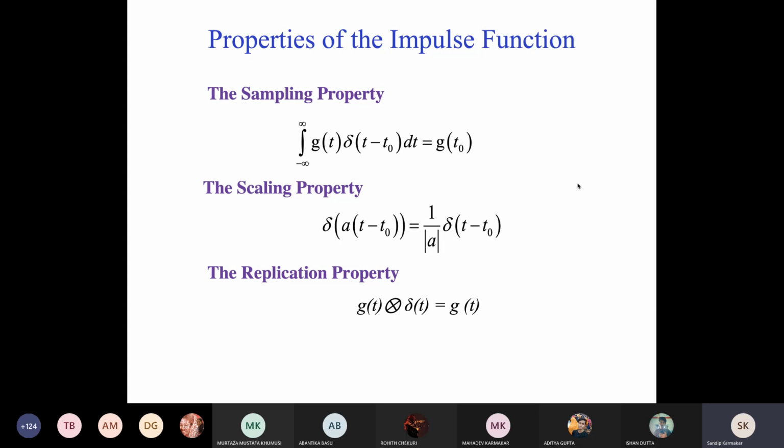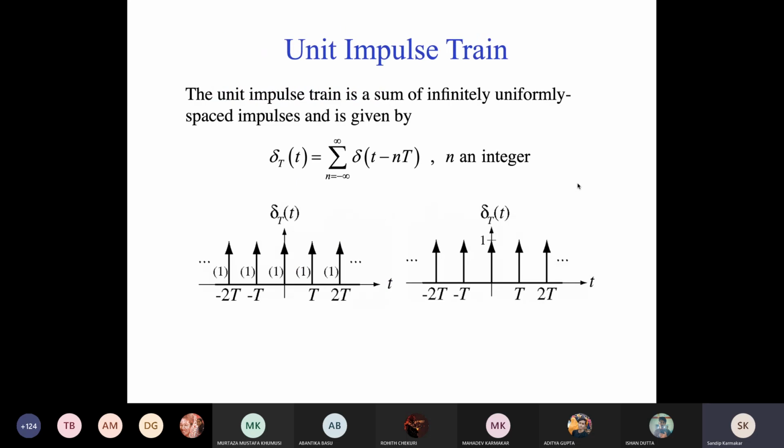The sampling property says that the integral from minus infinity to plus infinity of g(t) delta(t minus t0) dt equals g(t0). The scaling property tells that delta(a(t minus t0)) equals 1 by mod a delta(t minus t0). The replication property is g(t) convolution delta(t) is equal to g(t).